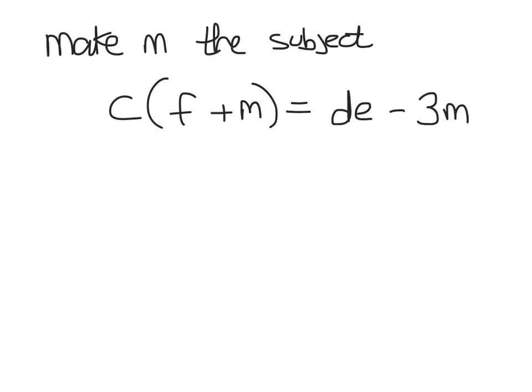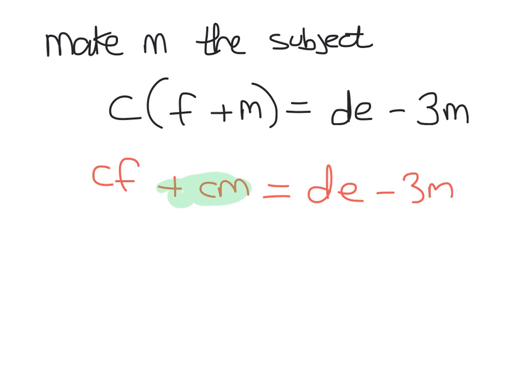Now here we've got brackets in our equation, so we have to expand the brackets. So we've got CF plus CM. Notice I've gone alphabetically. Equals DE minus 3M. Now we're trying to make M the subject. So anything with an M, I want to stay on this left hand side.